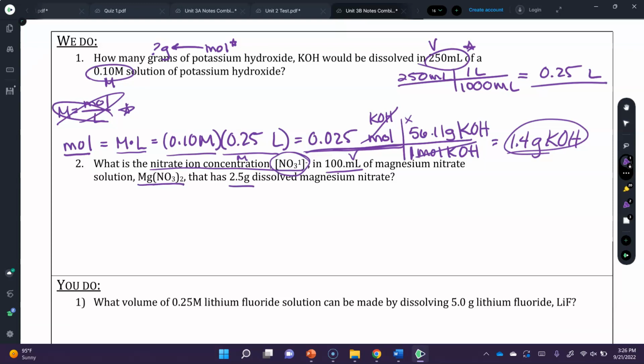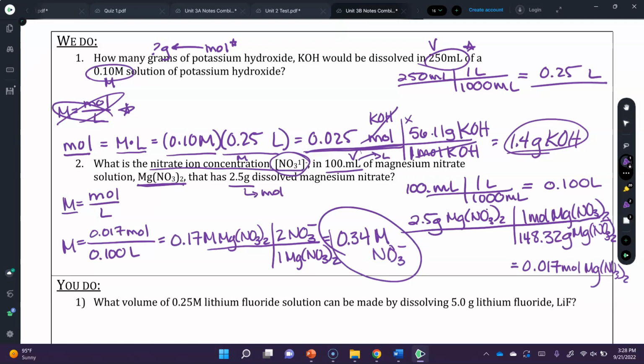But first, we know that the molarity equation requires moles and liters, and if I'm looking for concentration, I have to start there. So I have volume, which is liters, but I need to change my grams into moles, and this also into liters. So starting with that, convert the 2, determine molarity of magnesium nitrate, then use a ratio to determine the molarity of just the nitrate ion. Please pause the video and try this on your own now.